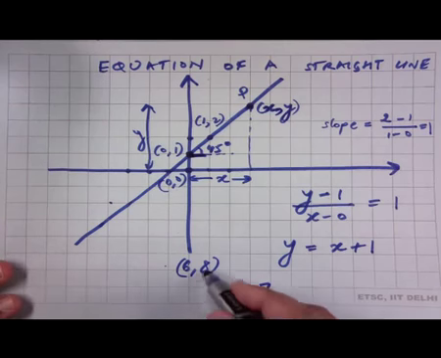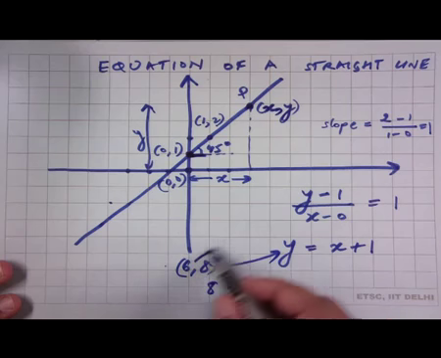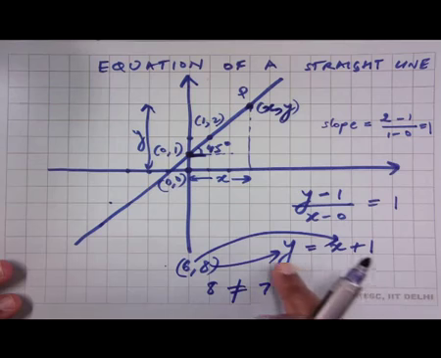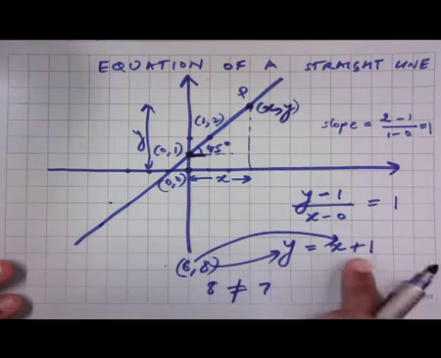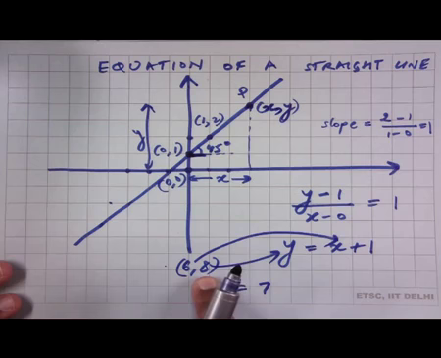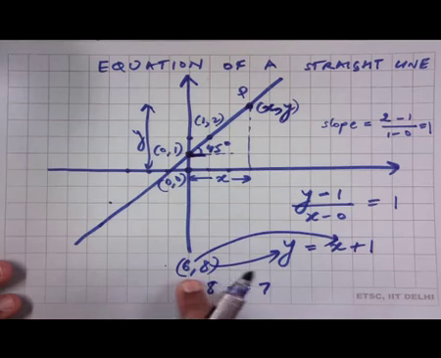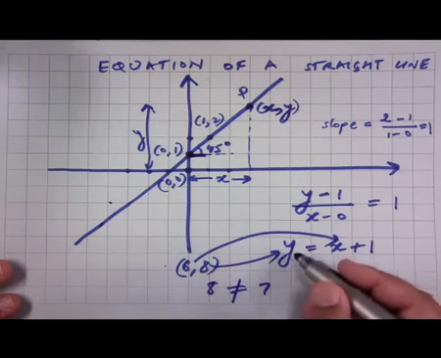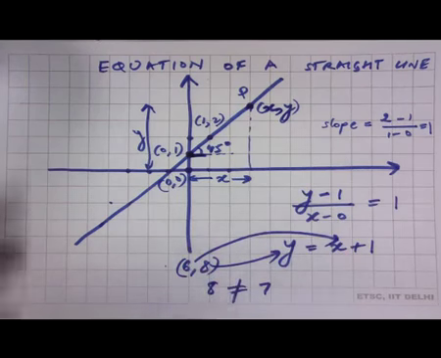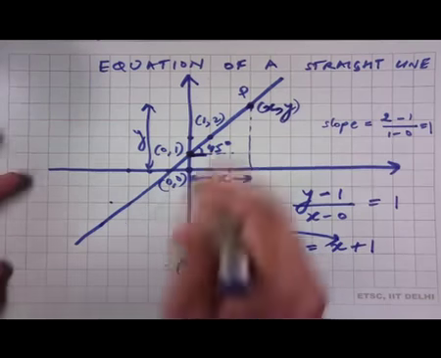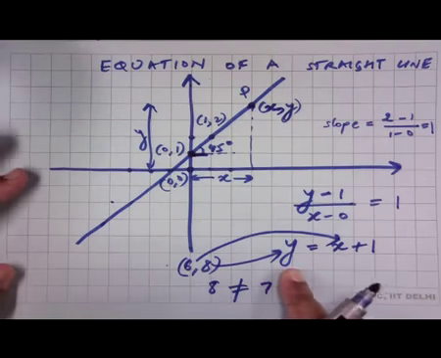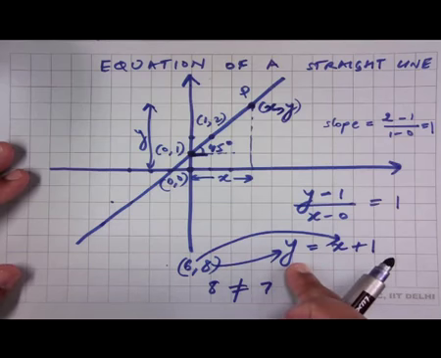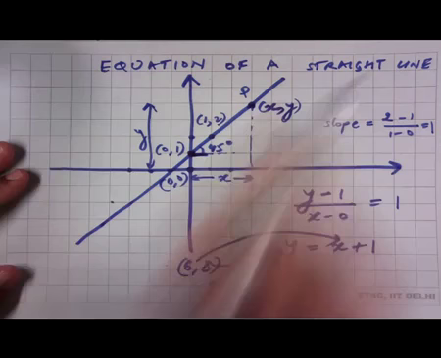So I just put y equal to 8 and x equal to 6, and I see that this equation is not satisfied by this point, and therefore this point does not lie on this straight line. So essentially what we have is a characterization of the entire straight line.